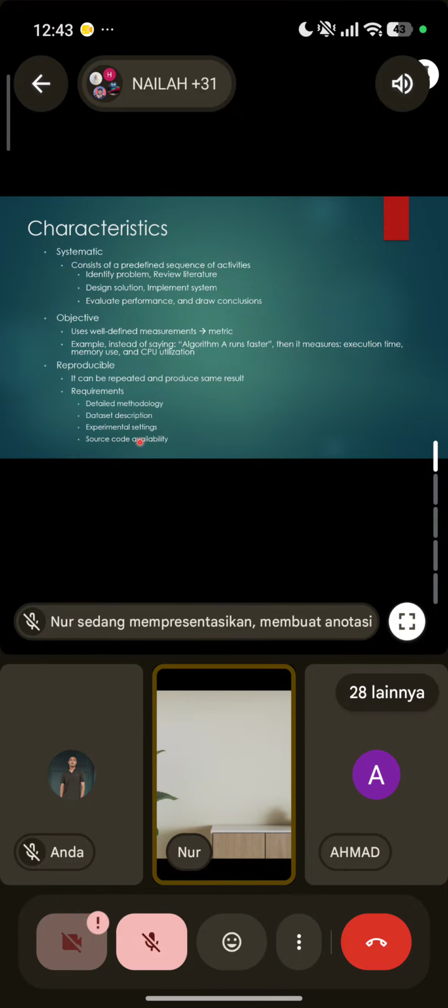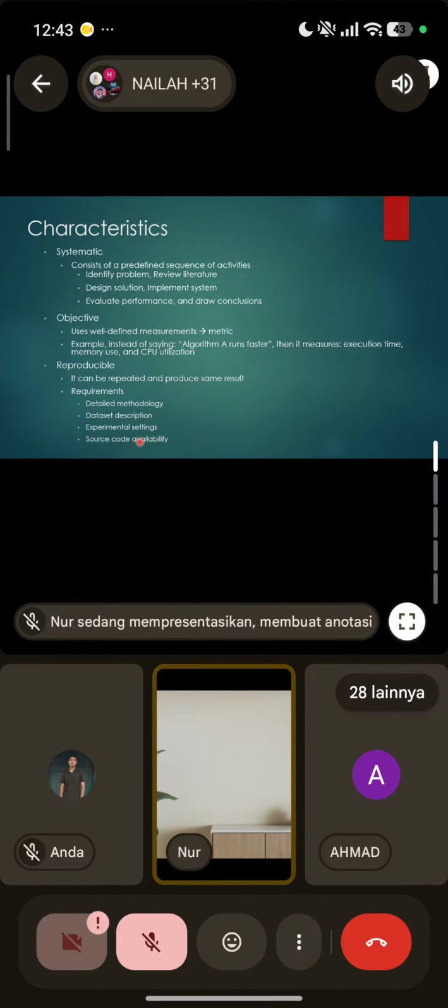And lastly, about the characteristics of the research method, is empirical. So empirical means that the research must be based on observation and evidence. I repeat, the fourth characteristic of research method is actually empirical.